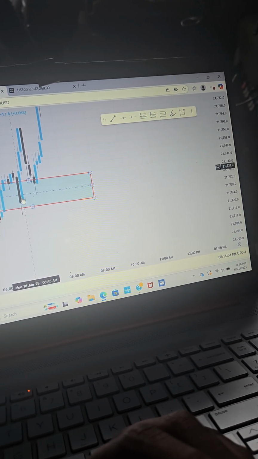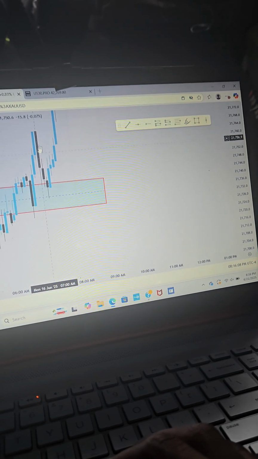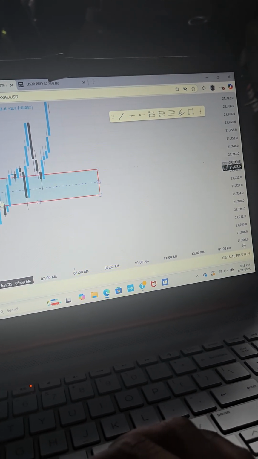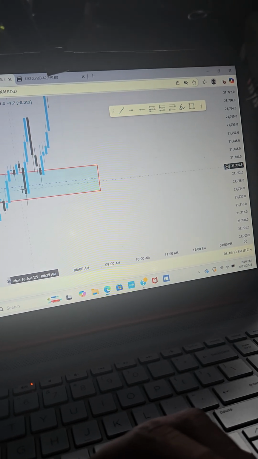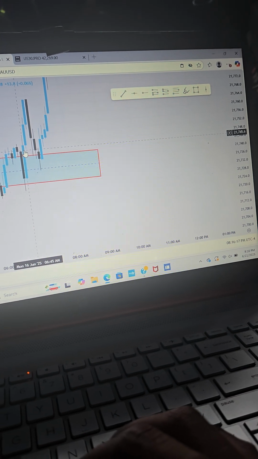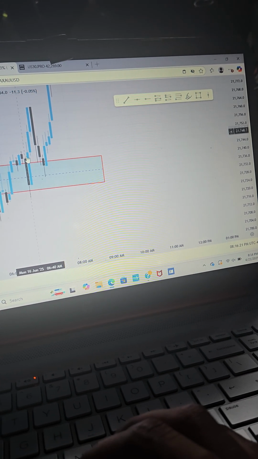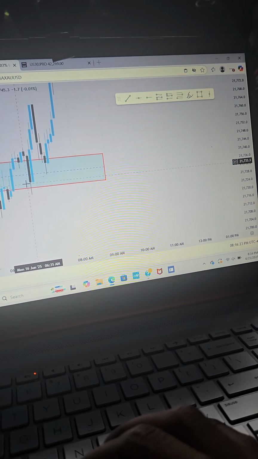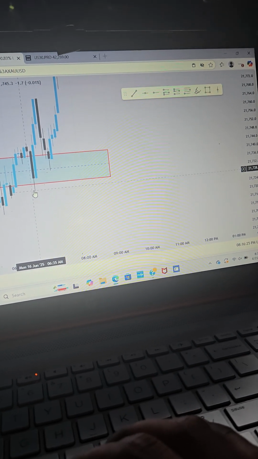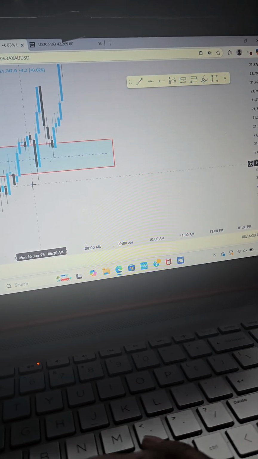Now, in a bullish mitigation block, which will come after a bullish breaker, you're going to have a bullish order block inside of that bullish mitigation block. A bullish mitigation block, again, is a low, high, higher low.